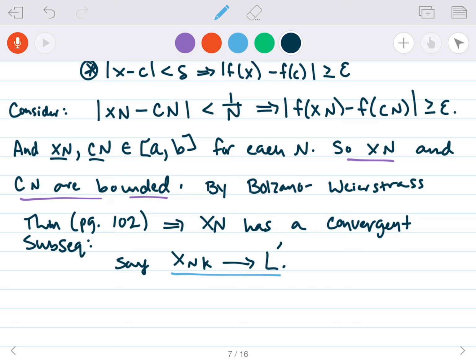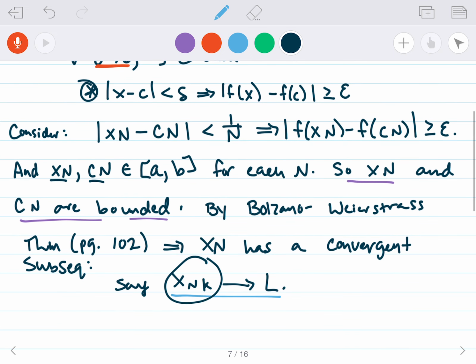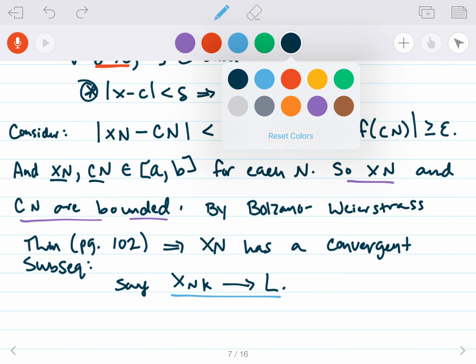So we have a limit point L. We have that x sub capital N was in our compact set a to b, and so the subsequence, of course, will be in the compact set if the original sequence is. And that means that that set has to contain all of its limit points since a, b is closed.